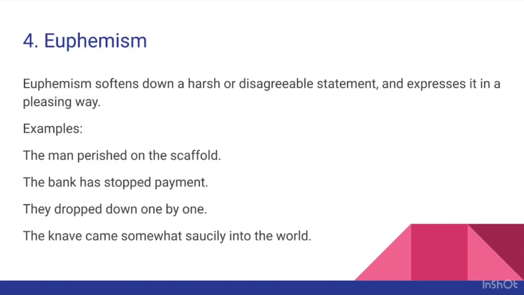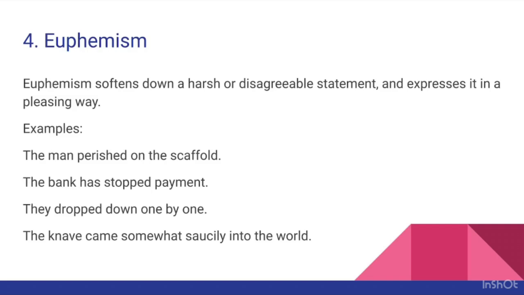Next example, they dropped down one by one. So here the speaker or the poet wants to say they died. This is a harsh fact. He softens it down and makes it agreeable by the indirect statement dropped down. And the purpose here is to spare the listener or reader from a hard or harsh fact.